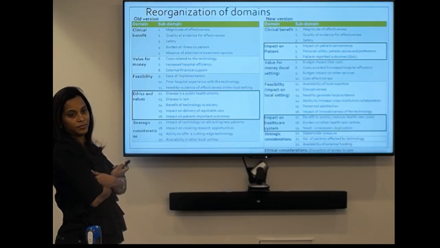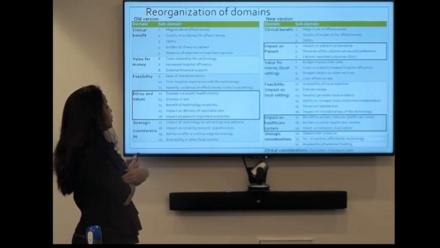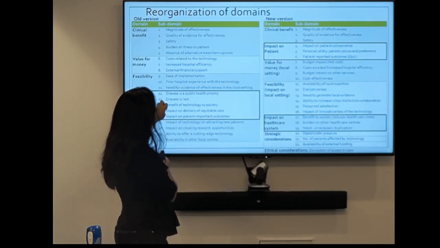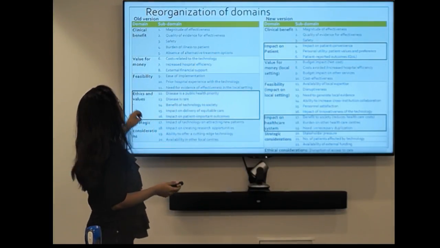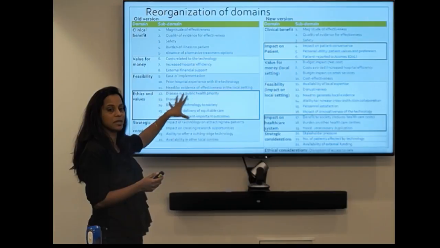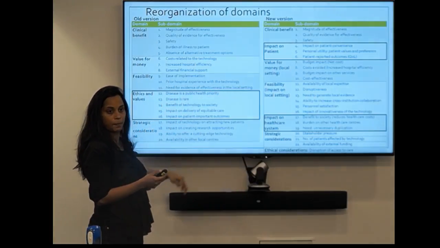Ethics and values on the left-hand side is now changed to ethical considerations on the right. No, we have spread this around. But basically, what it means is that we didn't think that the title made sense. So we did keep a lot of these.